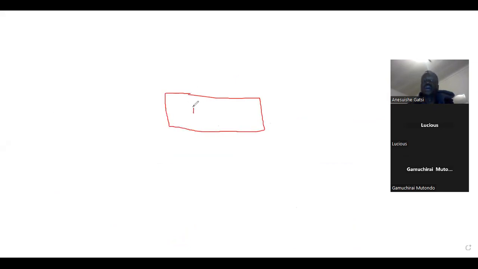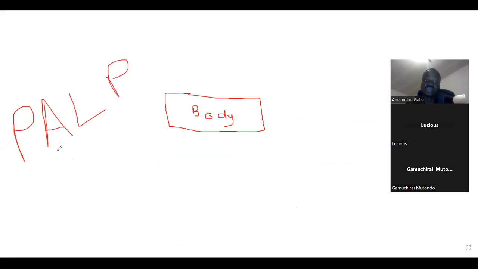Right. So, from the vertebral body, I'm going to use a mnemonic, which is PALP. P-A-L-P. The A means anterior. The P means posterior.